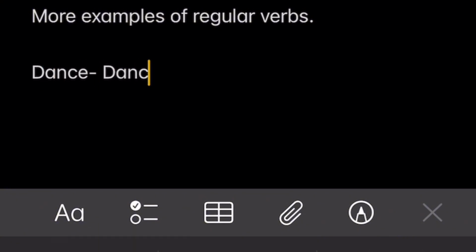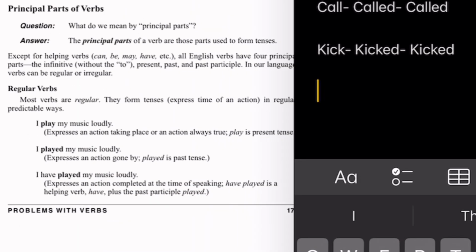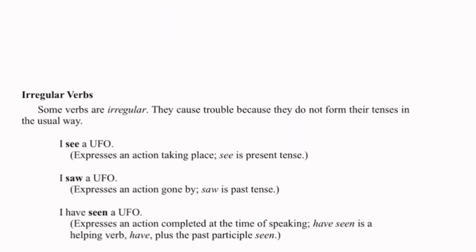The past tense will be danced, while the past participle will be danced, right? We have call. The past tense will be called, while the past participle will be called. We have kick. The past tense will be kicked, while the past participle will be kicked. Do you understand? Let's look at irregular verbs.